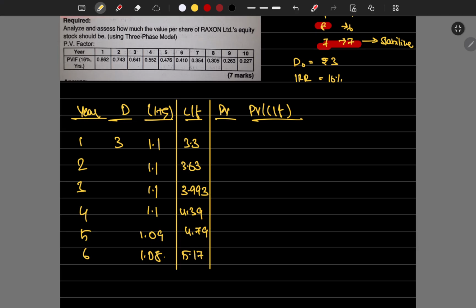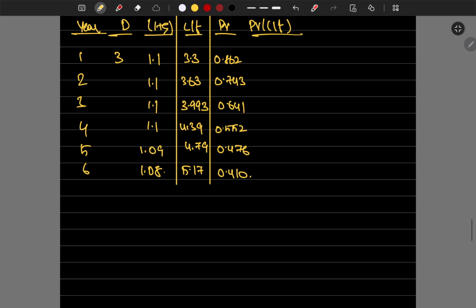What's the PV factor? We have 0.862, 0.743, 0.641, 0.552, 0.476, 0.410.